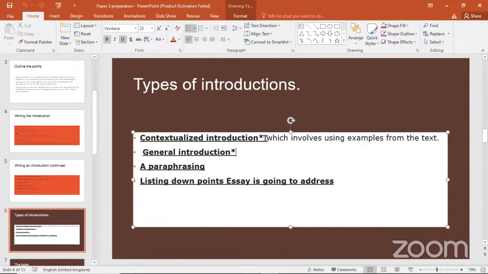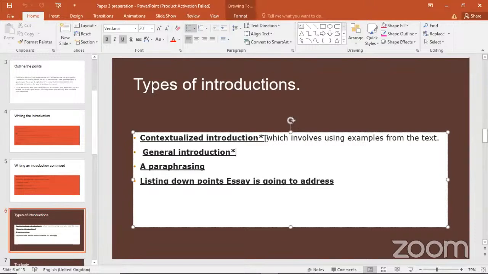And therefore, it will also, of course, culminate into your body, because it means you misunderstood the question from the get-go. You have misunderstood the question in your explanation of the introduction, and that's it. So that's the disadvantage of a contextualized introduction.